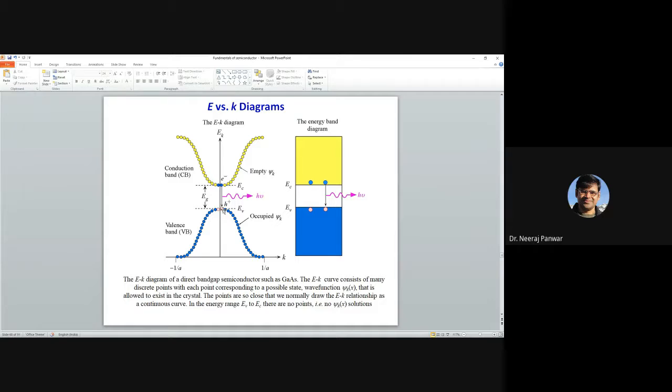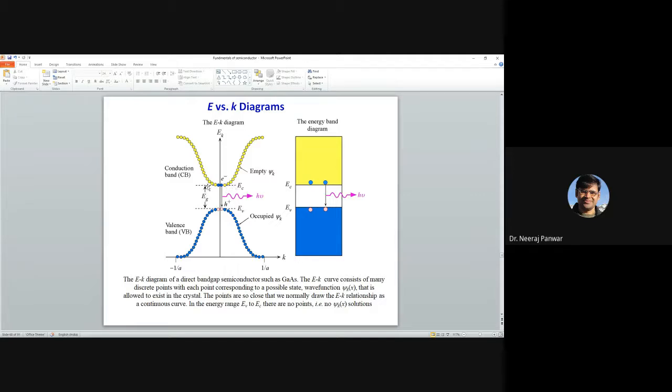Then the electrons would be released, and they would be easily available for conduction. It means we have shifted the electrons from the valence band to the conduction band. Now these electrons which are present here will not remain there forever, because these are excited states. They will fall, or they will again come into the covalent bond when the electron-hole pair recombines.